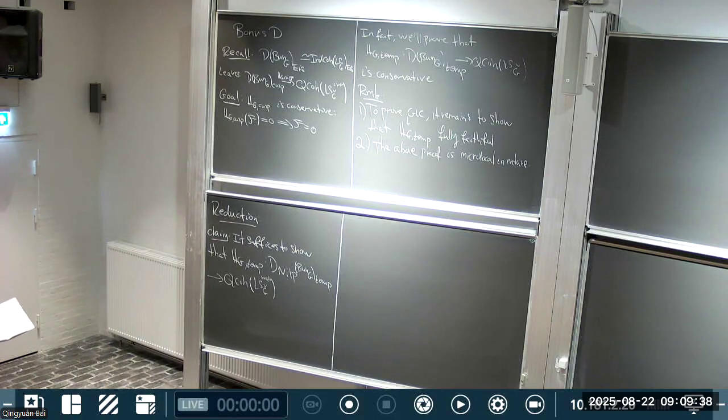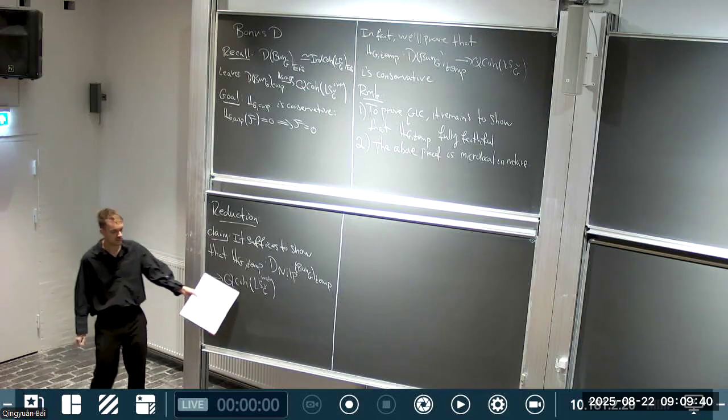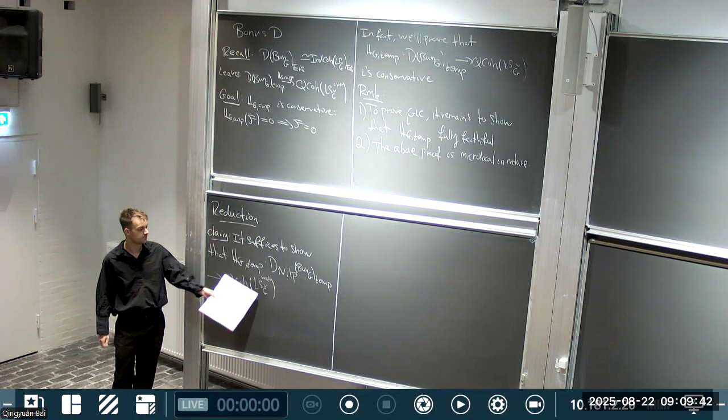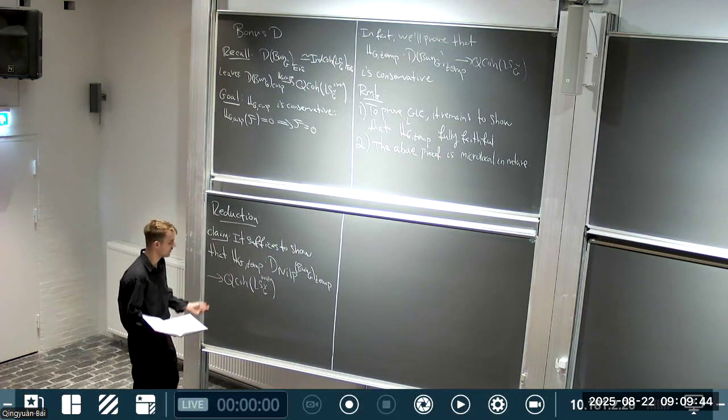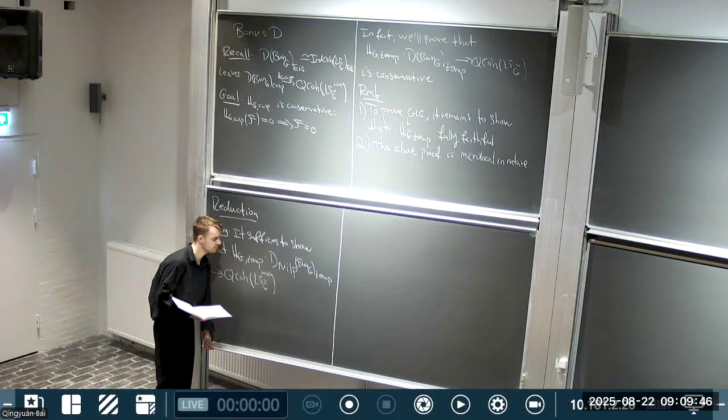I'll recap some of the properties. It won't be so important, so I won't talk too much about it, but this is the target category at least at first pass.